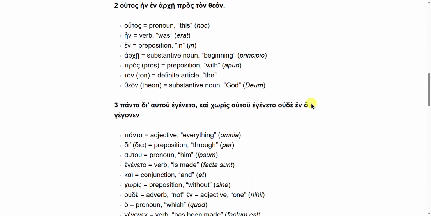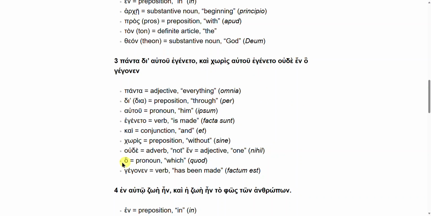Down here in verse 3, if you look carefully, you'll see something is different. It's an omicron, and there's a rough breathing mark, but there's also a grave accent mark. And that accent mark there tells us that this is not a definite article. This is actually a pronoun. As you see down here in the exposition, ho with the accent is the pronoun which is translated as quod in Latin.